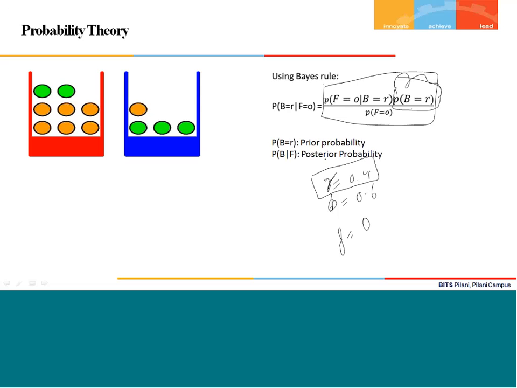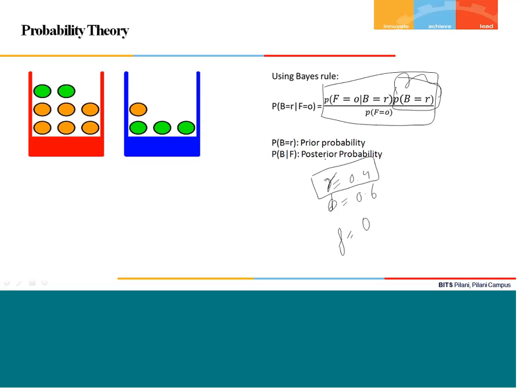This is a prior belief. But somebody comes and tells me that I just picked a fruit, and that fruit is orange. Now, is there any change in belief of the probability that we have chosen the blue box or red box?